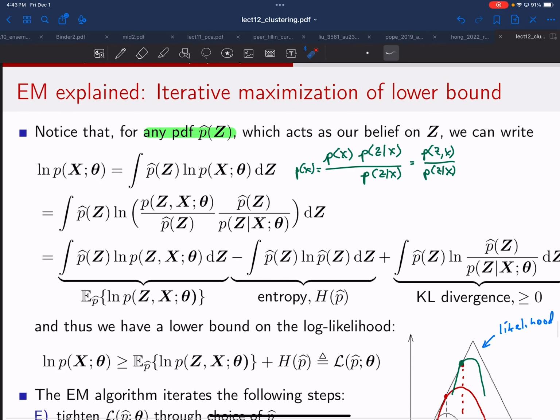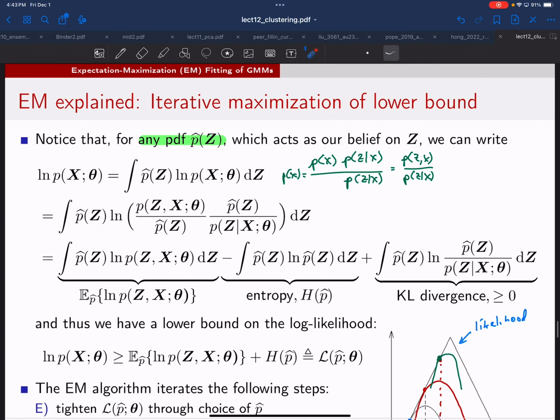And the last step is to break this log thing into 3 terms. So as we know, the log of a over b times c can be written as the log of a minus the log of b plus the log of c, right?